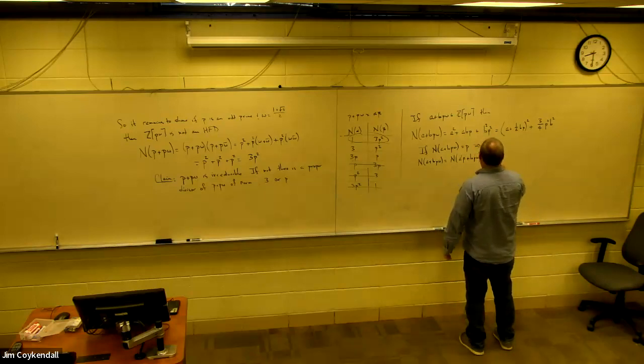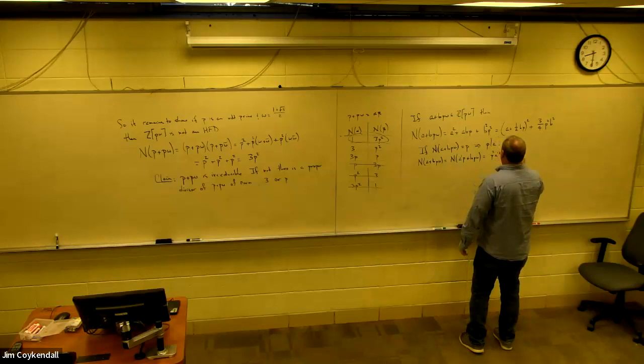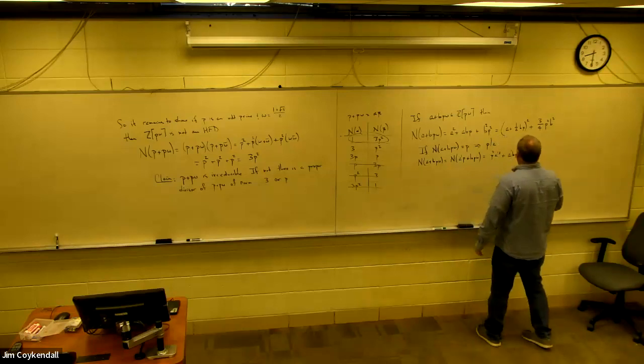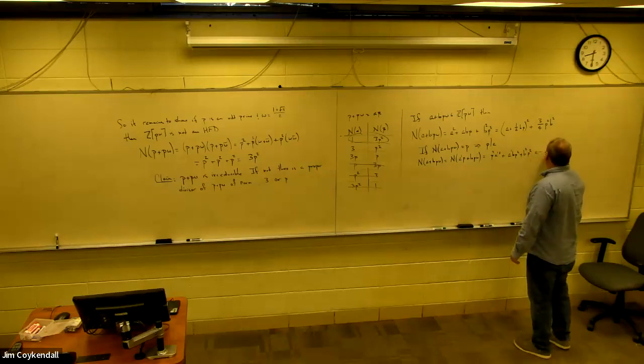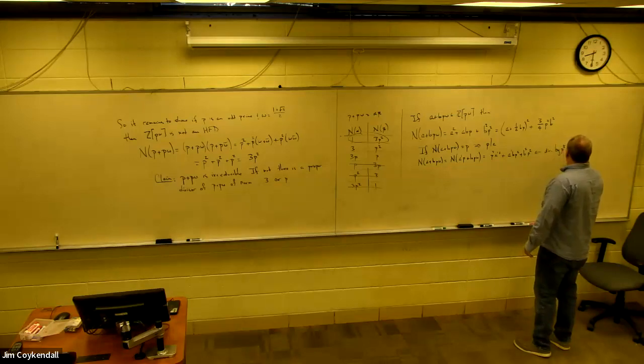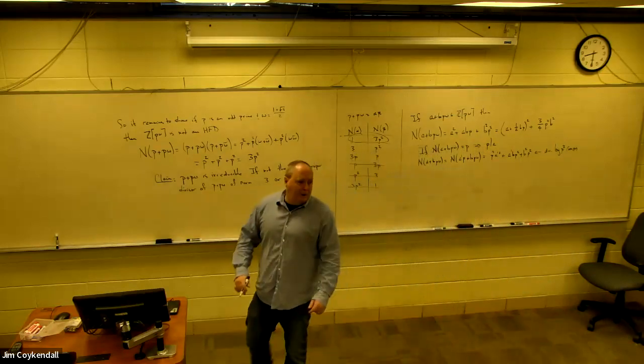And this is going to be p prime p squared a prime squared plus a prime b p squared plus b squared p squared, which is divisible by p squared, and that's a contradiction because p is not divisible by p squared.